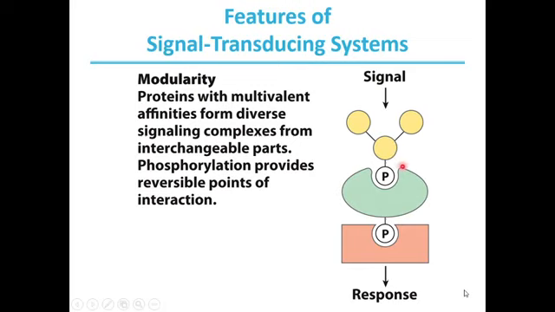Now, this interaction, as shown here, is regulated by the signal, and the signal is phosphorylation of this particular protein. And such a signaling cascade can also elicit a response, and that is modularity.